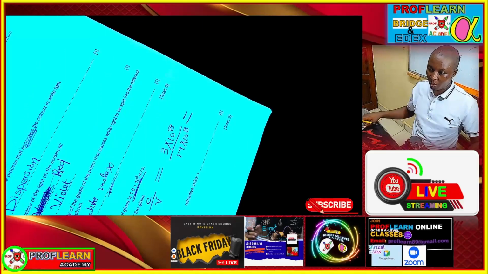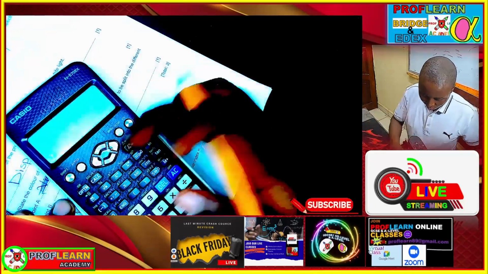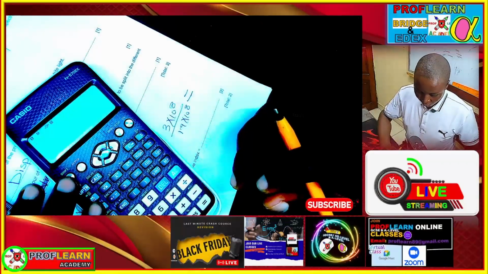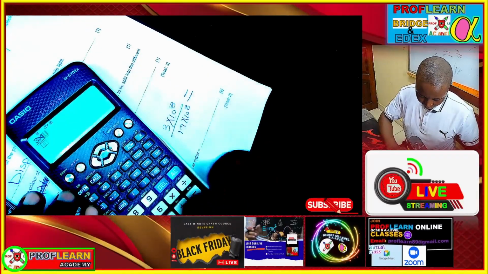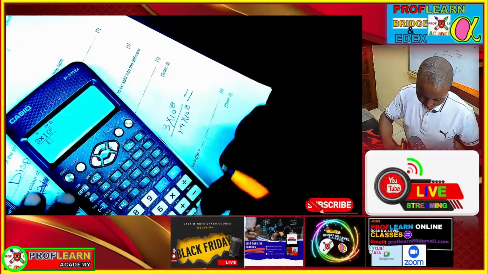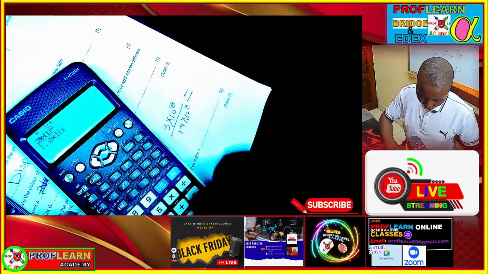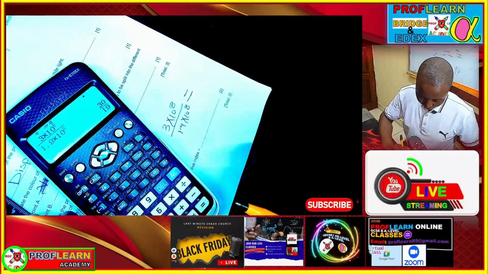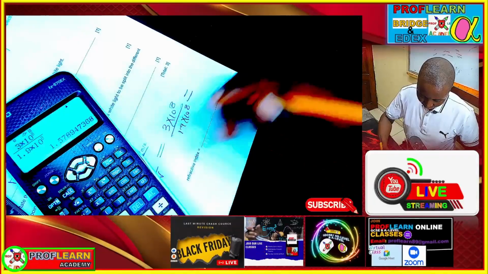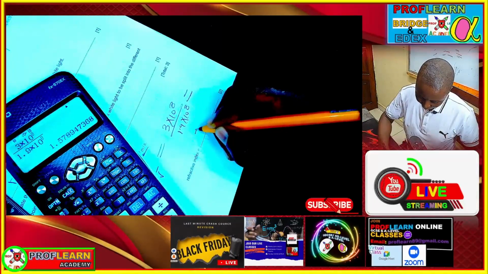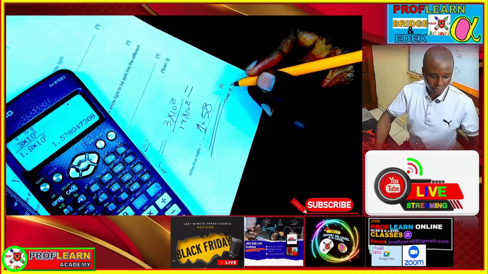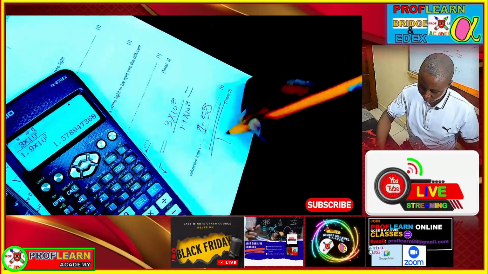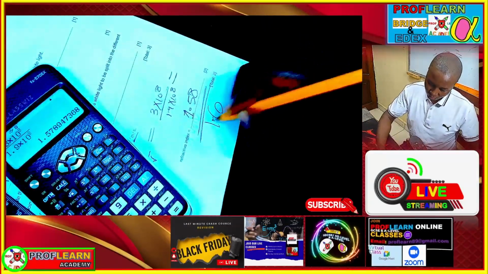If we work this out using our calculator, this is going to reduce to 1.58, approximately 1.6.